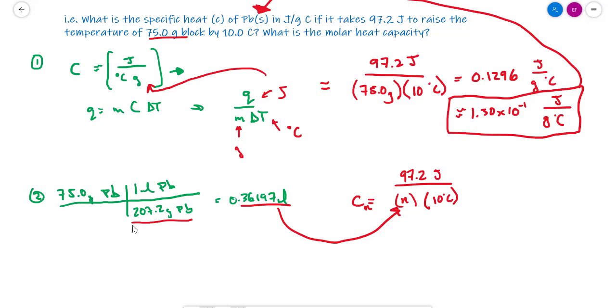For the molar, it's exactly the same, but instead of per gram, it's per mole. And so I have n here just to signify the moles. So I'm just substituting that value in, 0.36197 in here. Our units then are going to be in joules per mole per degree C, which is 26.9.